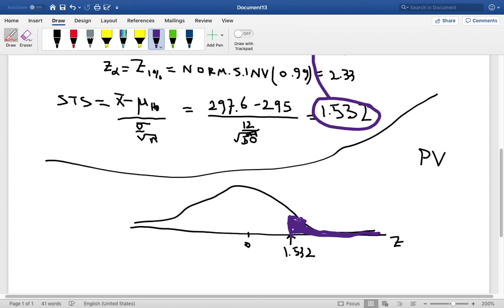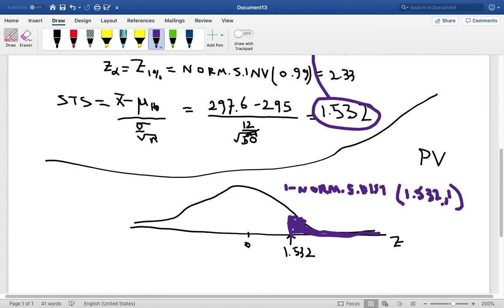And to work that out, it's going to be 1 minus norm.s.dist of 1.532, the test statistic, and comma 1 or comma true.